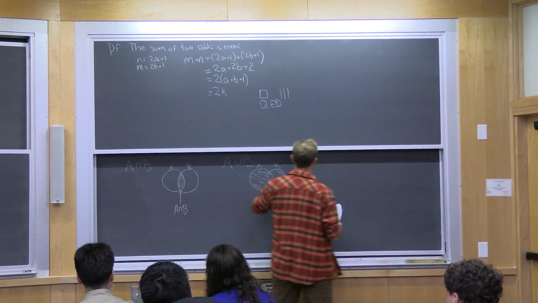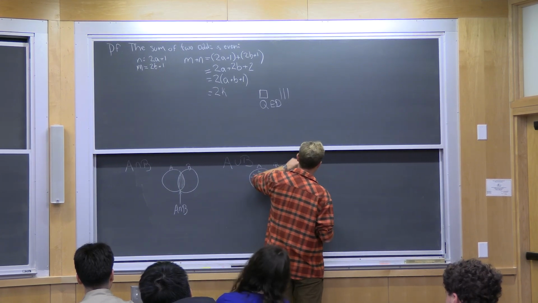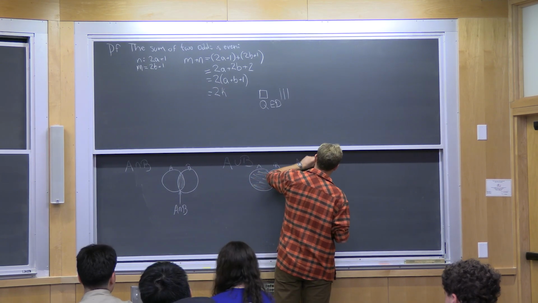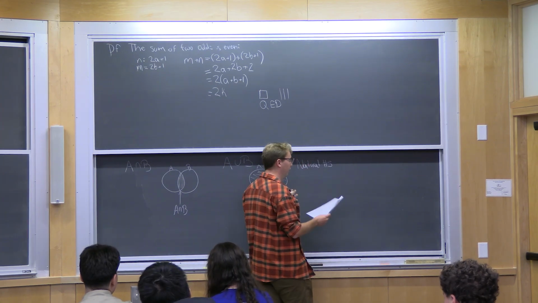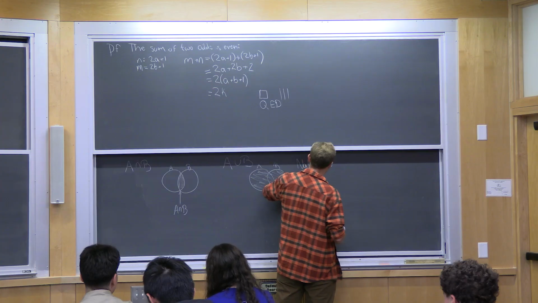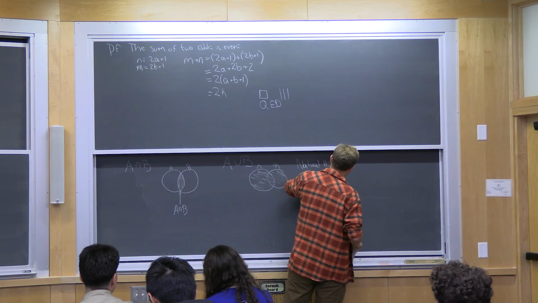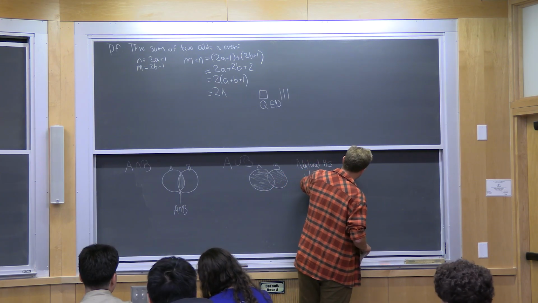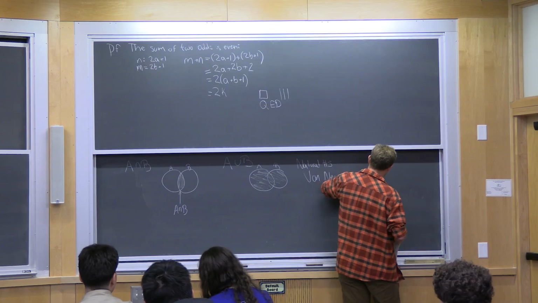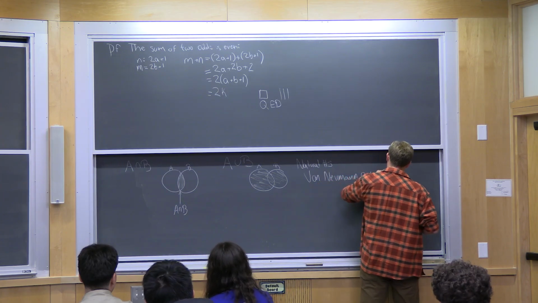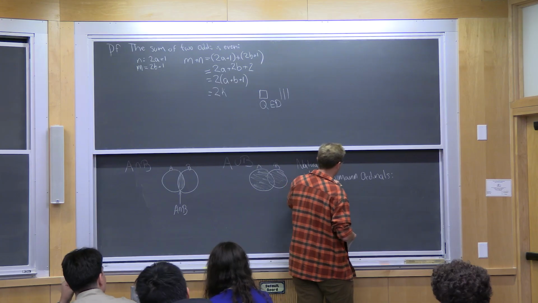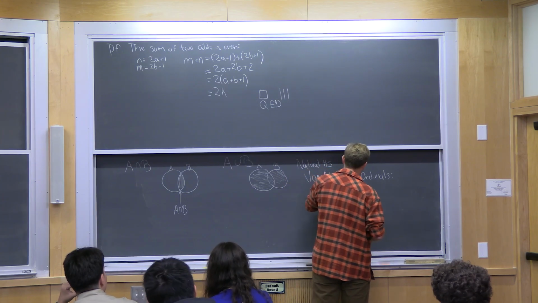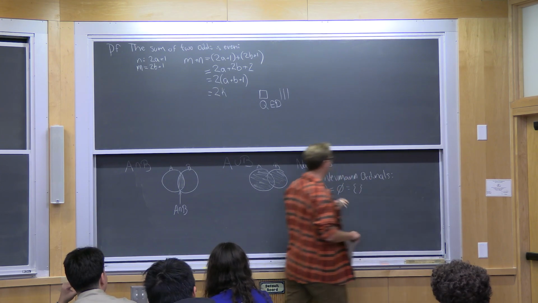Our natural numbers, we're going to define with the von Neumann ordinals. So we start with 0 being equal to the empty set, no elements.